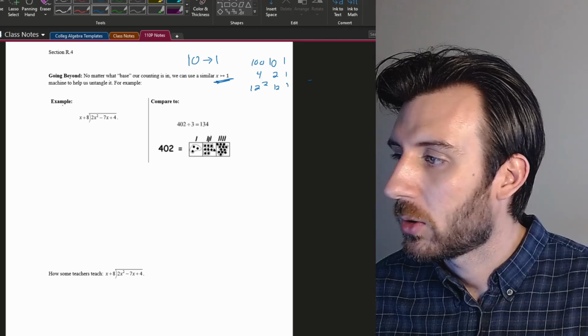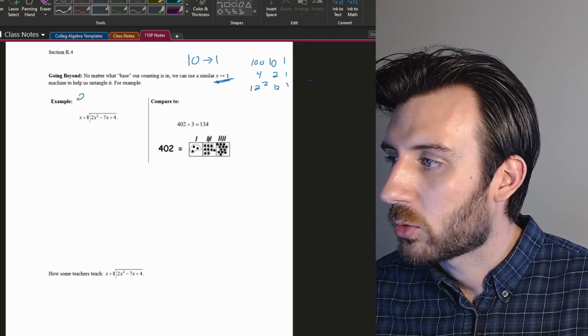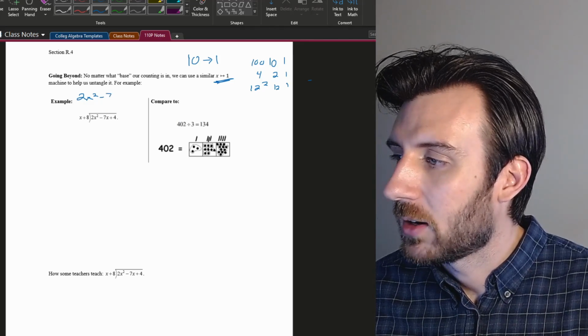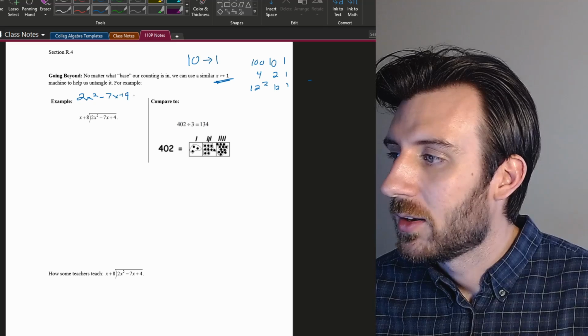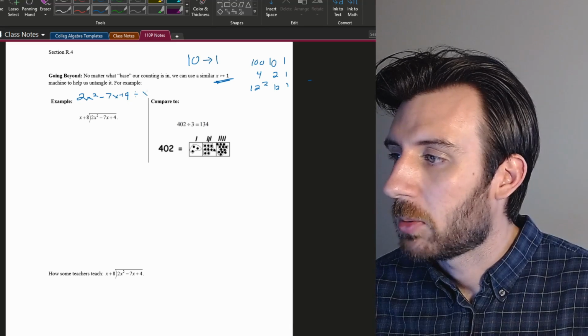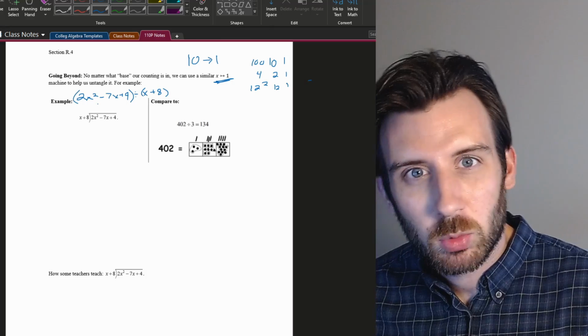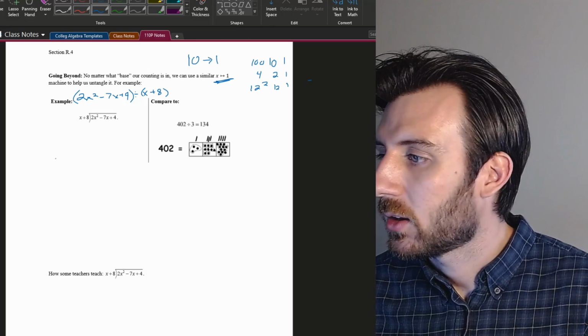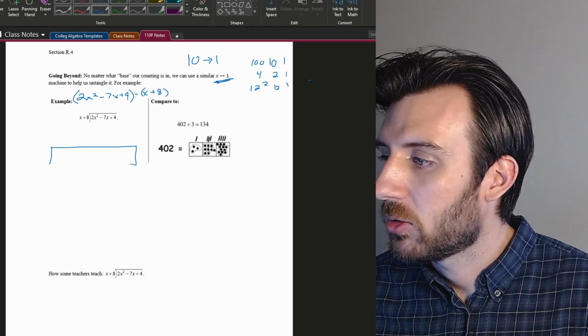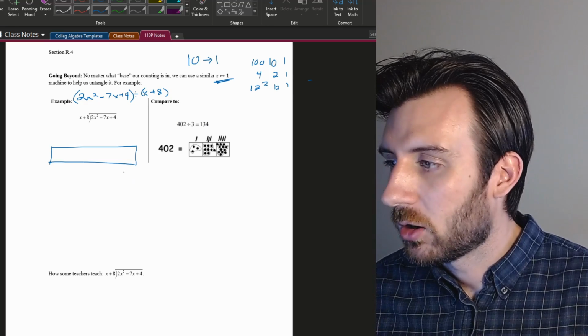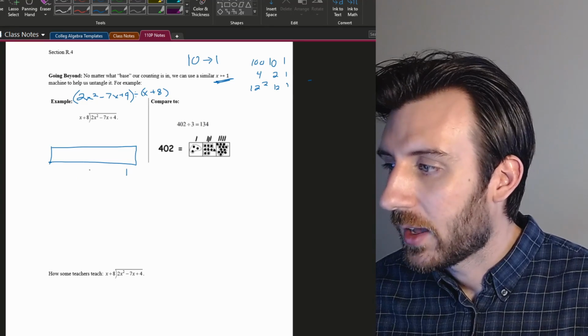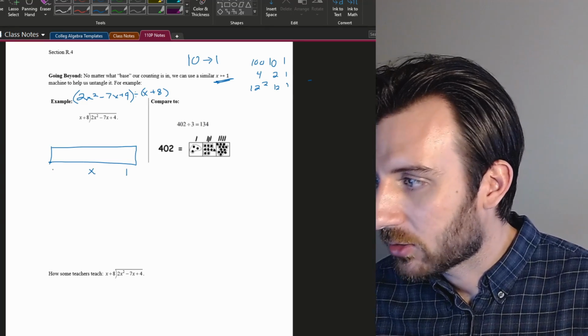So let's suppose that we are trying to divide, and you might see this question written as 2x squared minus 7x plus 4 divided by x plus 8. We'll use parentheses to group it all in. How would we do this? The exact same way. We could organize it in an x to 1 machine. So we could say that we have our 1, we have our x's, and then we have our x groups of x.